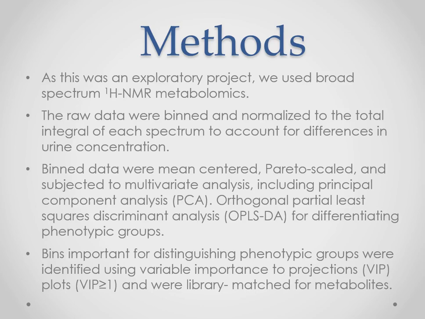But just to talk very briefly about the methods, since this was an exploratory study, we used broad-spectrum HNMR metabolomics, and the raw data were binned, mean centered, Pareto scaled, subjected to PCA and OPLS analysis, and bins important for distinguishing phenotypic groups were identified using variable importance to projection more than or equal to 1, and then, of course, library matched.